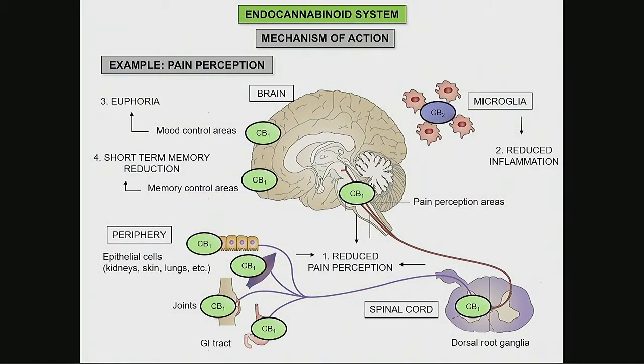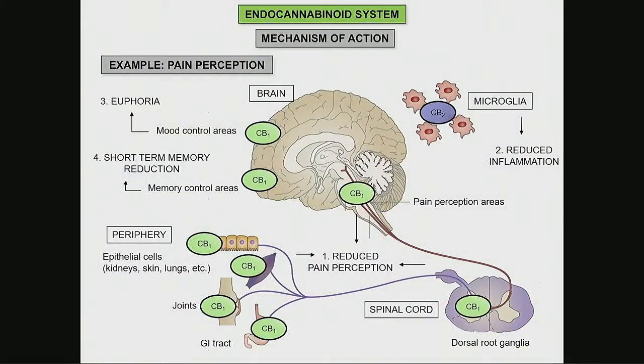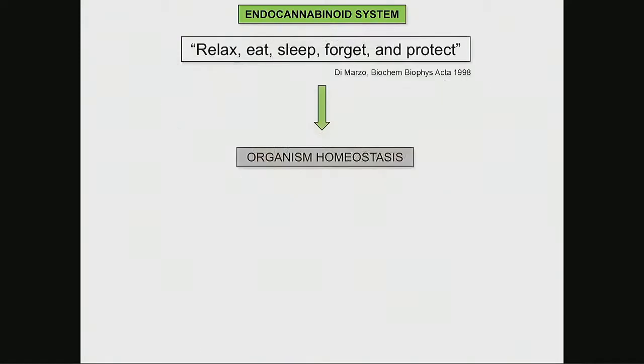And when we use cannabis while having pain, we forget about the pain. So as you see, when we are using cannabis, we feel less pain through different mechanisms of action. Through the reduction of pain perception per se, but also activating these other processes. Reduced inflammation, we forget about the pain and we don't care about the pain.